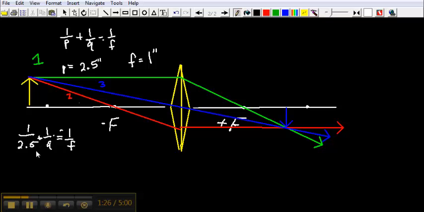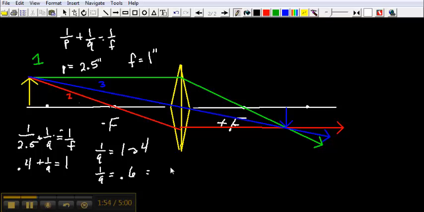So 1 over 2.5, that's 0.4, plus 1 over q equals 1. So to isolate q, then, we have 1 over q equals 1 minus 0.4. So that's 1 over q equals 0.6.